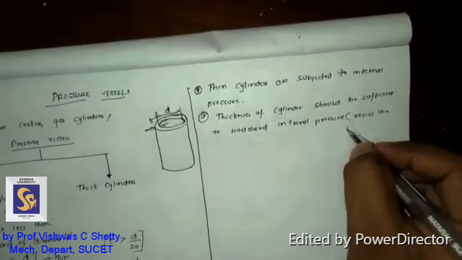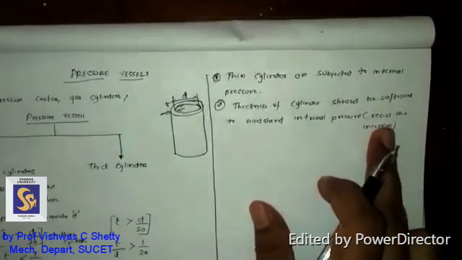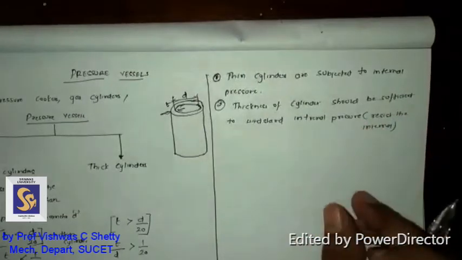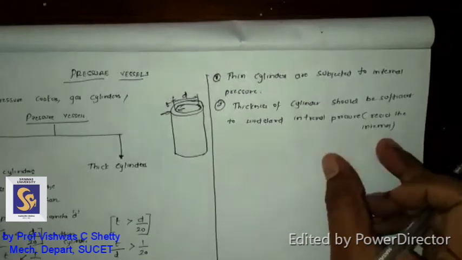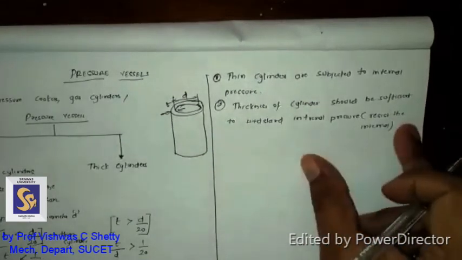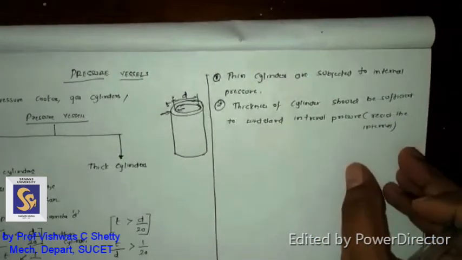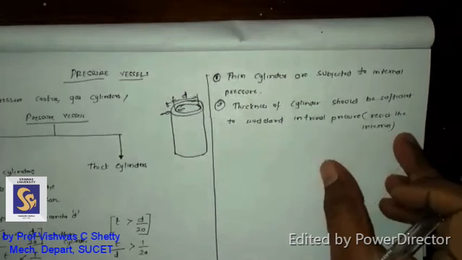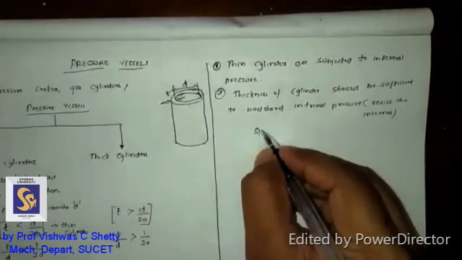Your design should be very perfect in this cylinder so that it can resist the internal pressure. Whenever you are trying to resist the internal pressure, what happens? Stresses will be there. So stress definition is that itself, correct? Stress means it is resisting the deformation, or resisting the pressure inside. The thickness should be sufficiently enough, or the design sufficiently proper, so that failure doesn't occur and the internal pressure is resisted, right?